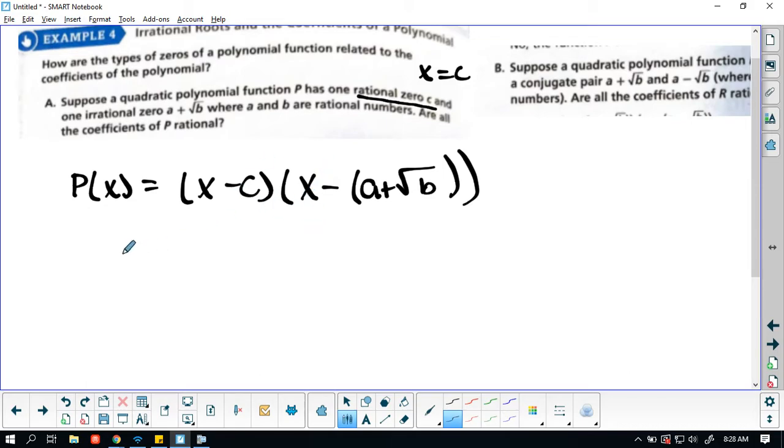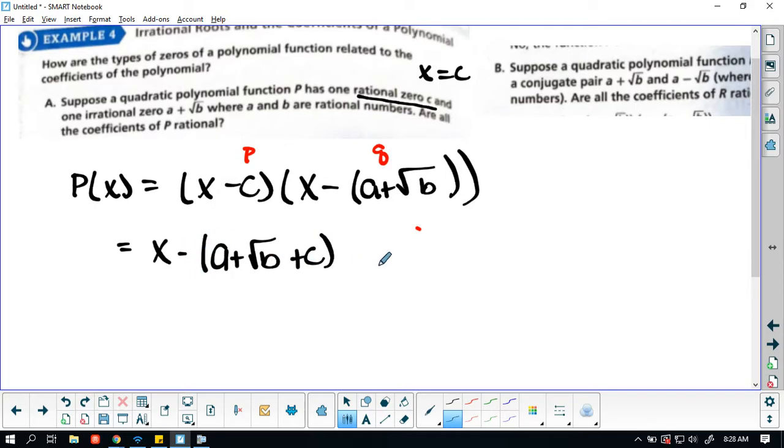I'm going to cheat this a little because I know that I'm going to be adding these two and then multiplying these two. This is my p and my q from when we were doing factoring. When we think of two factors that multiply to give me c but add to give me b, I'm going to use that same idea. I'm just going to add them to get my b coefficient. So negative c plus negative a plus root b is going to be negative a plus root b plus c.